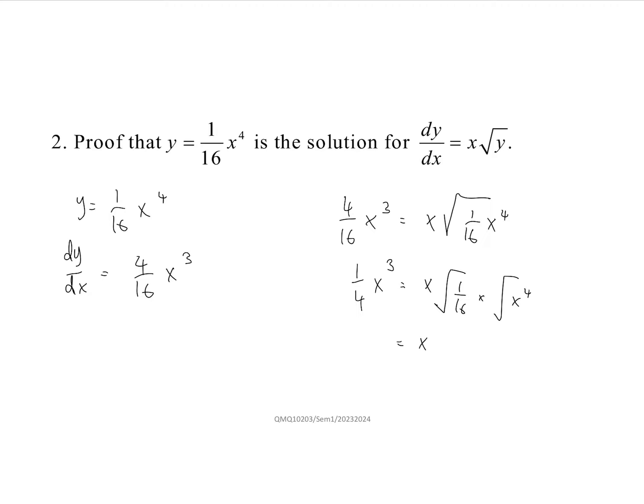So this is x multiplied by 1/4 multiplied by x squared, so we get (1/4)x^3. So left hand side equals right hand side, hence y is the solution.